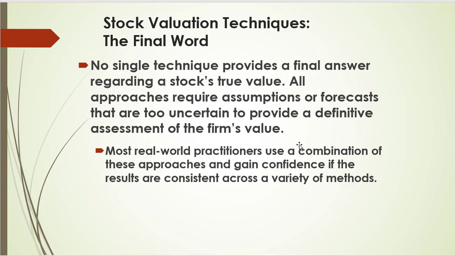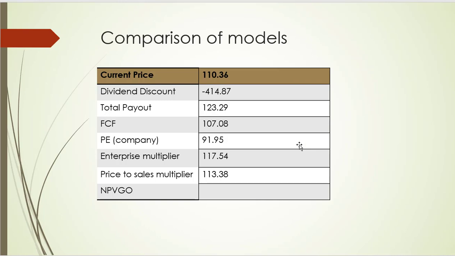So, just as a final caveat, no single technique gives us all the answers. There are lots of assumptions. Most real-world practitioners are going to use a variety of these concepts. If you think about the values that we've shown with these techniques, it's a wide range of values that we found.